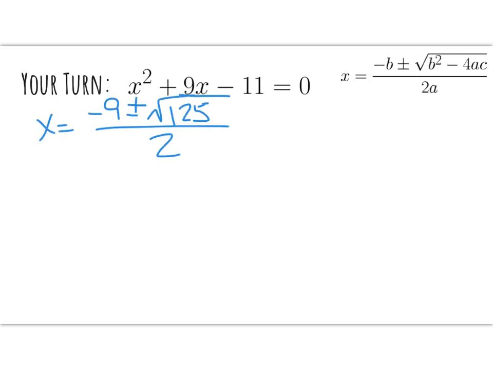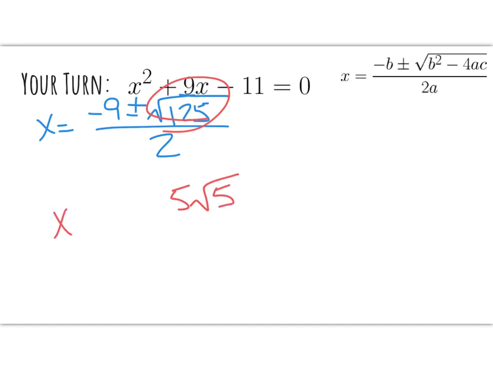So up to this point we have x equals negative 9 plus or minus the square root of 125 all over 2. And there's only one more thing we can do to simplify this, and that's to attack the square root of 125. Square root of 125 simplifies as 5 times the square root of 5.